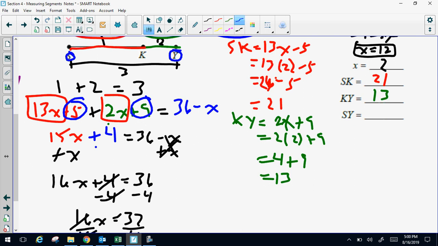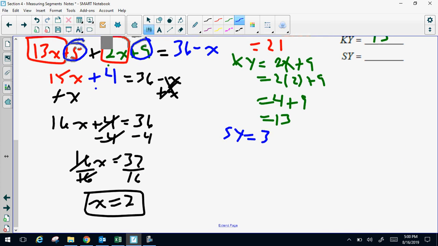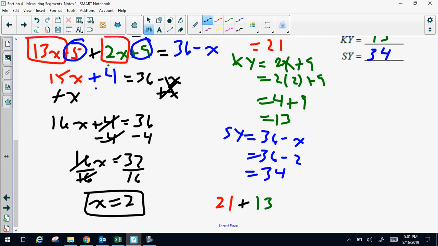And then SY is equal to 36 minus x, so 36 minus 2, which gives you 34. And another way to double check yourself, the two smaller ones, so 21 plus 13 should equal 34, and it does.